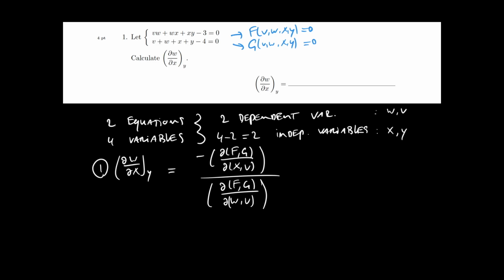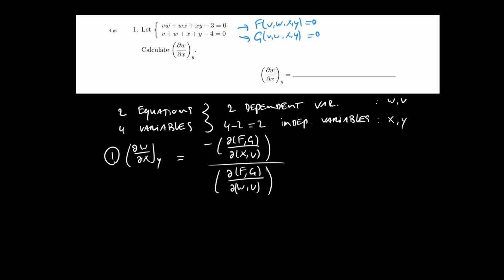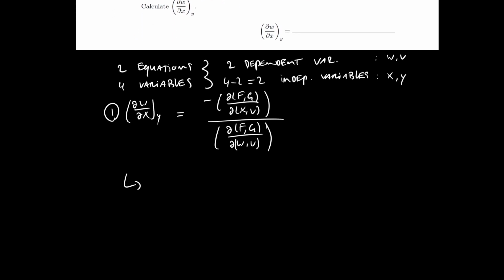All right, so if we can calculate these Jacobians and take the quotient, then that should answer our question immediately, and that may be a quick way of solving this problem. So let me go ahead and calculate both Jacobians. Let's start with the Jacobian of f, g with respect to x, v. That is by definition equal to f_x g_v minus f_v g_x.